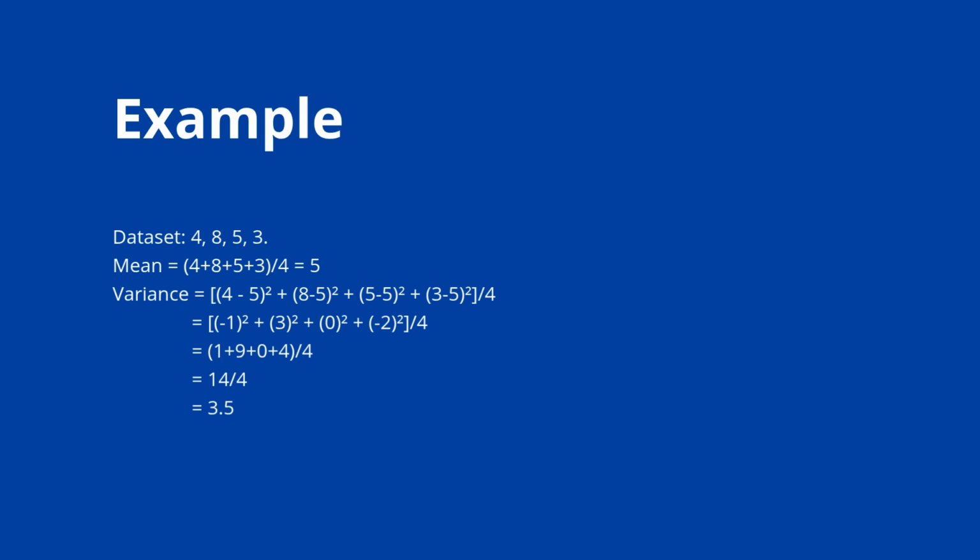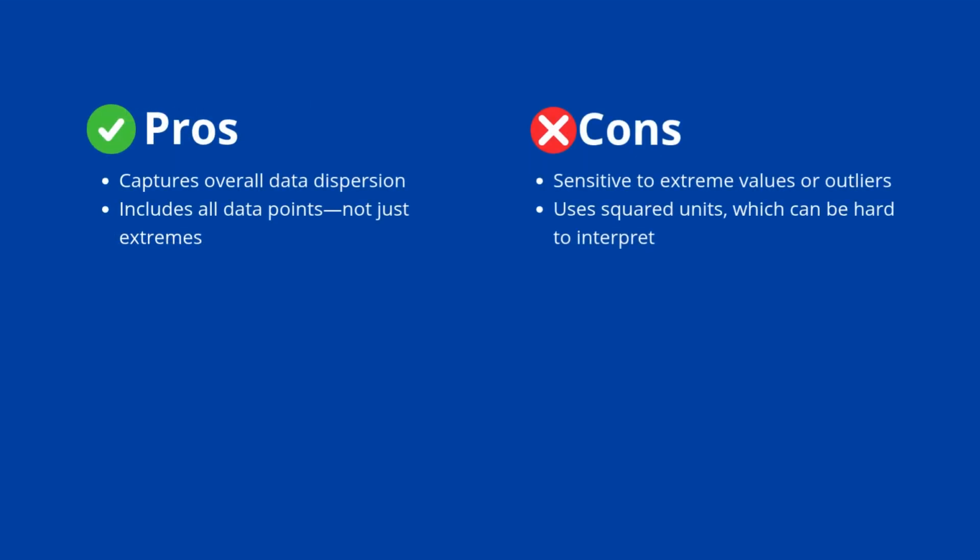Now let's see the pros and cons of variance. Unlike range, here we are considering every data point. This is the pro: the final variance value is based on each data point, so it captures overall data dispersion. Now let's see the cons.